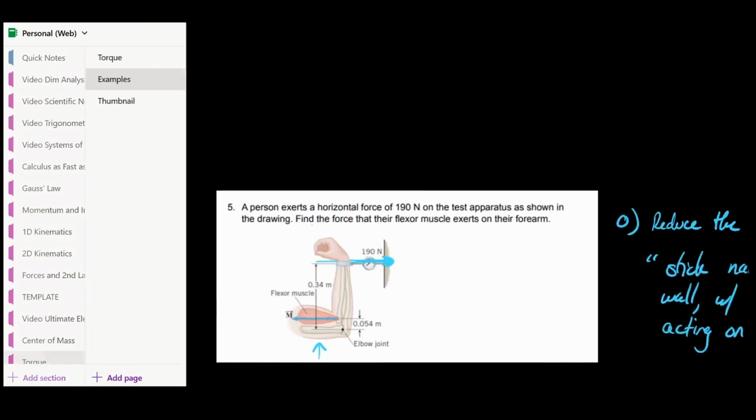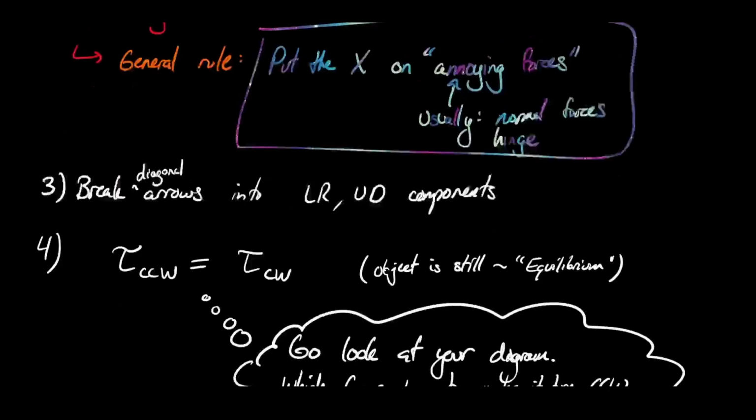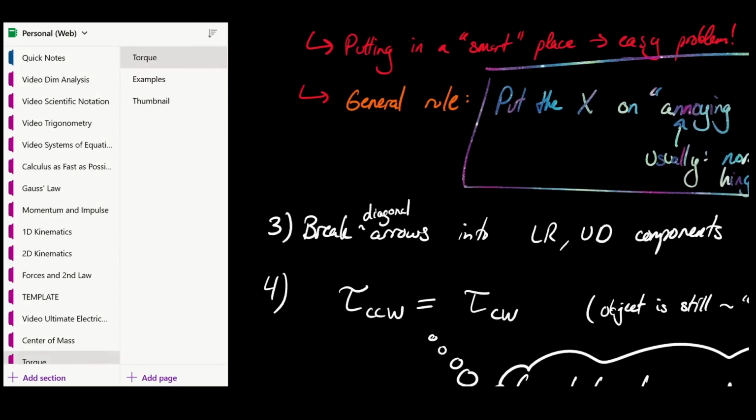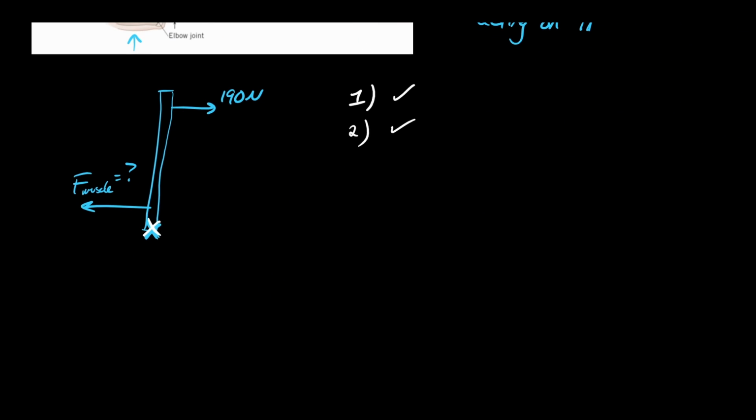Let's see, what did I call step 3? Oh, breaking diagonal arrows up. Okay, all the arrows are already perfectly left or right, so I don't need to do that. You see how this process really becomes quite short when you don't have to write out the words. Okay, step 4, this is the actual meat of the problem.